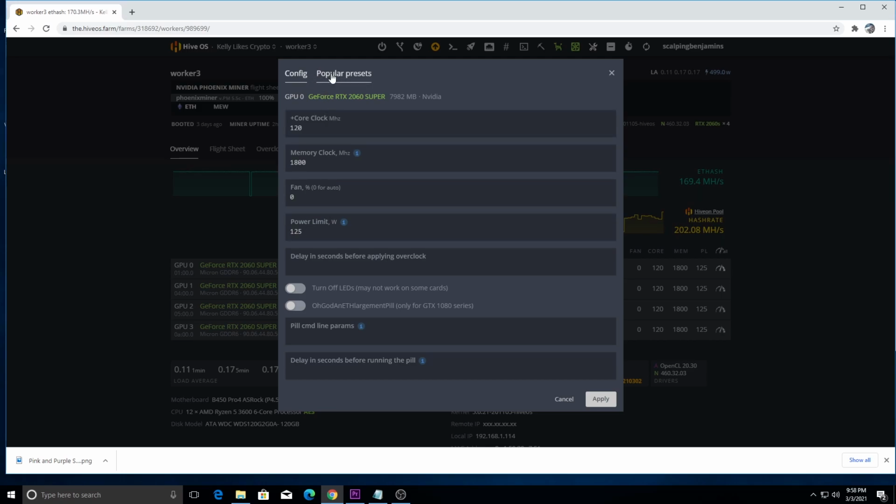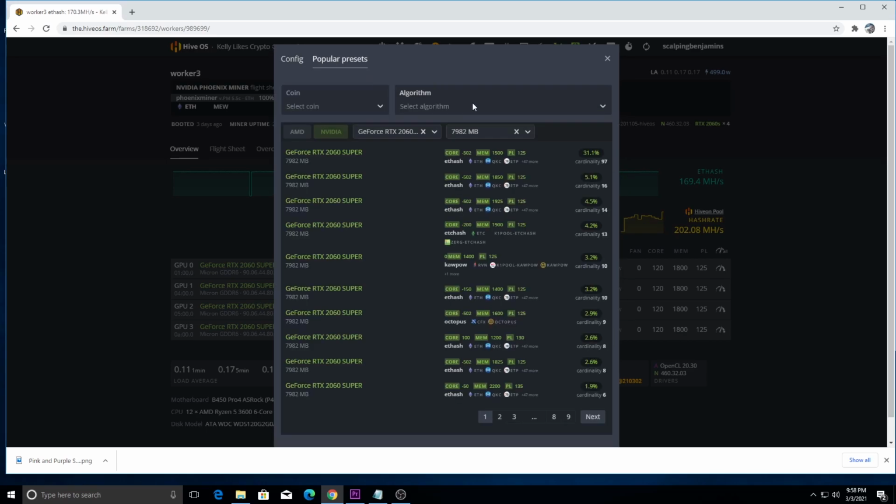Now, when you go into the popular presets, you're going to see numbers all over the place. Some people like to go really negative 500 core and then crank up the mem, or you'll see this kind of configuration. So let's have a look. The most popular one is negative 500 core, the mem's only 1500, and 125.